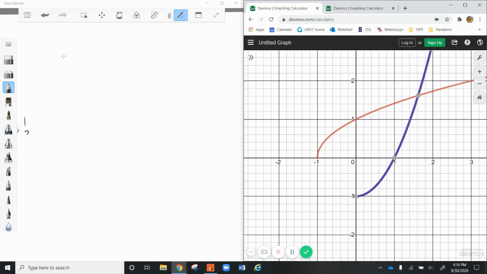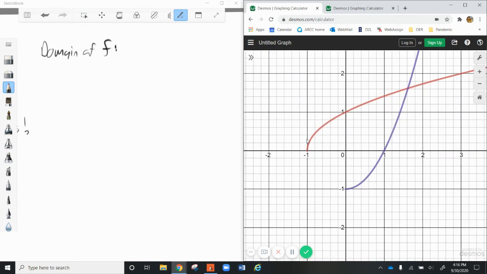If we look at the domain of f, that's going to be the set of all x coordinates. So imagine projecting this red graph down onto the x-axis. It goes from -1 out to infinity. So the domain of f is -1 to infinity.